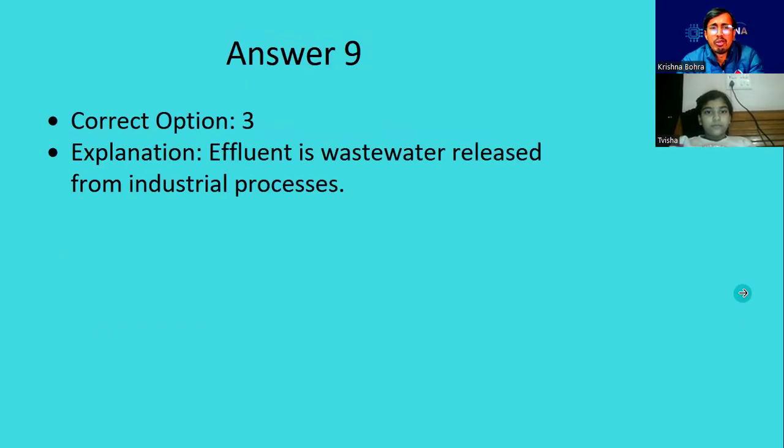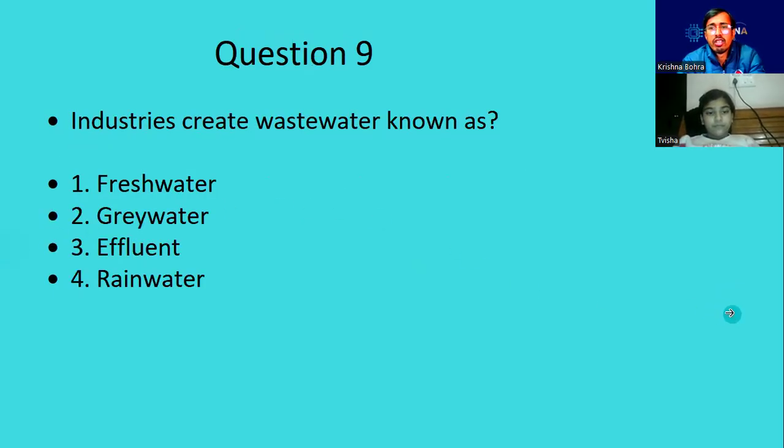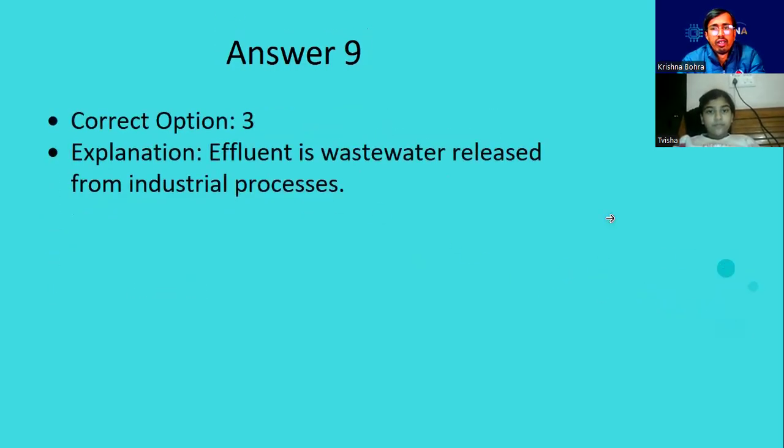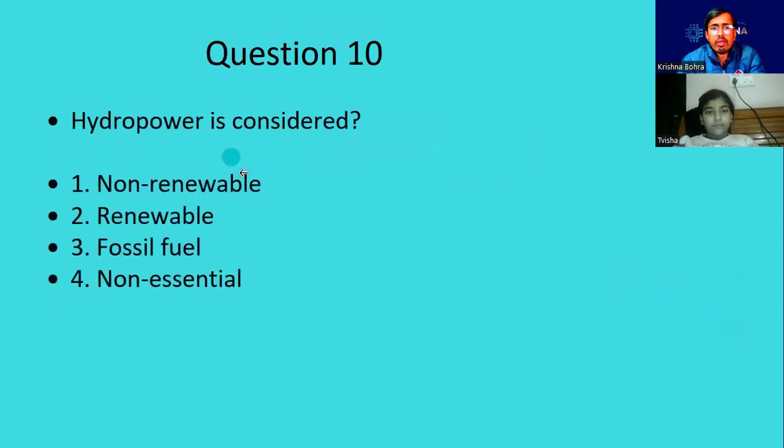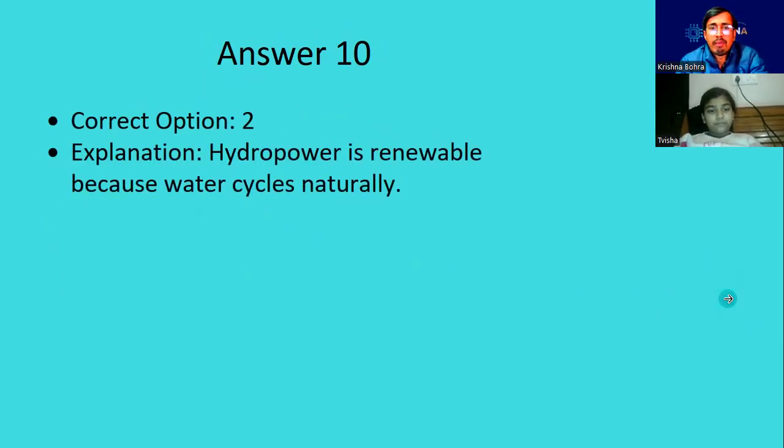Okay, no. Effluent is the wastewater released by the industrial process. So it is just an informative question. Question number 10 says hydropower is considered non-renewable, renewable, fossil fuel, and non-essential. Option 2, renewable. You are absolutely correct.